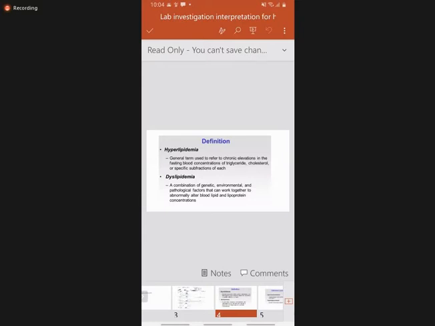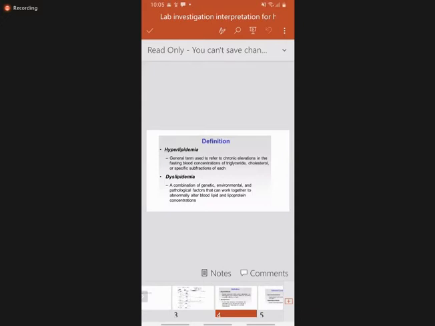It may be low, it may be high. Whereas hyperlipidemia, as the name indicates, hyper means increase, so there is an increased concentration of blood lipid levels. This may be due to genetic, environmental, or pathological factors working together to abnormally alter blood lipid level.